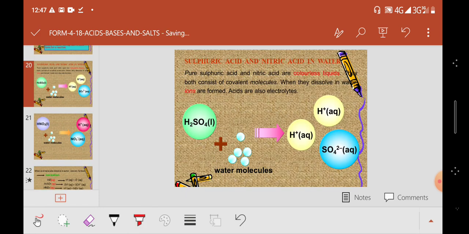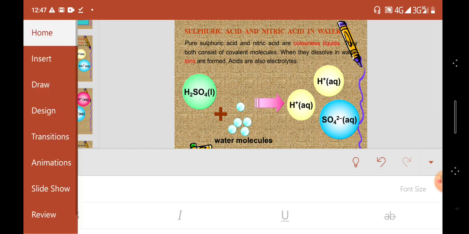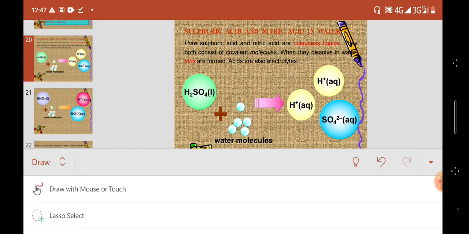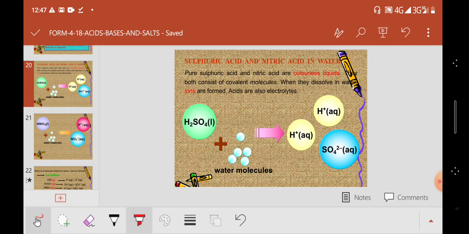We can see another example of sulfuric (VI) acid. So in this case, you have sulfuric (VI) acid being dissolved in water, and then it is changing from the liquid state. The state symbol there is liquid, meaning that it's very concentrated. And then you have your water molecules, and it produces two hydrogen ions.